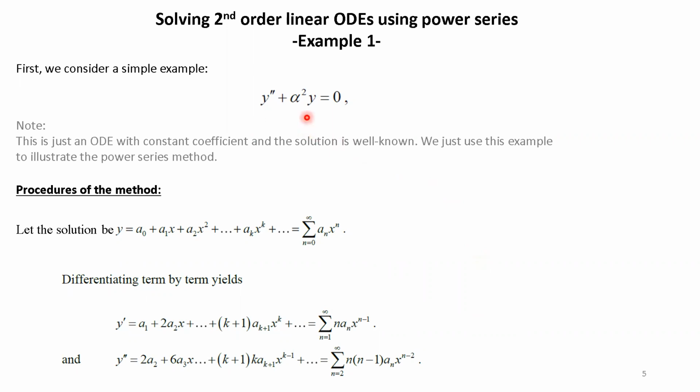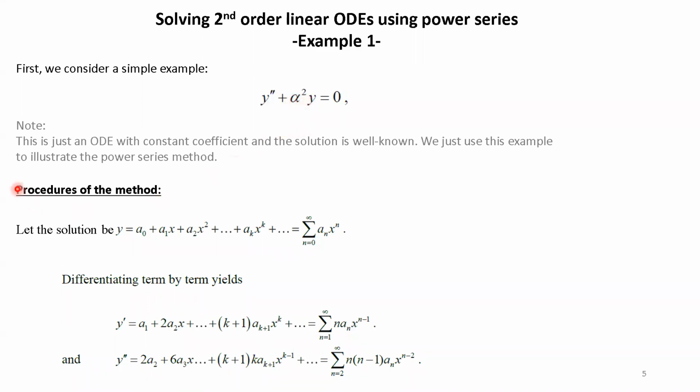Here is a very simple example where you know how to solve it already, because there is still just a constant in front. But I'm going to use this well-known example just to illustrate the idea first. You know that the solution is sine and cosine.